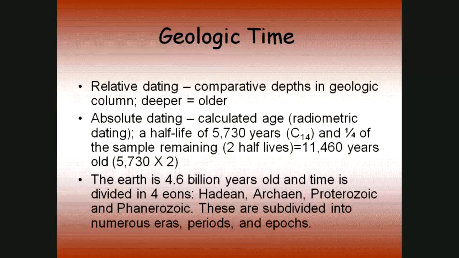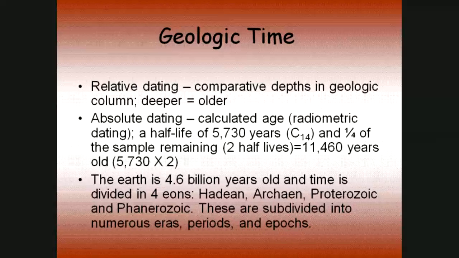You see, absolute dating gives us a calculated age of radioactive substances compared to their normal isotopes. Let me give you an example. Carbon-14 has a half-life of 5,730 years, which means that every 5,730 years, half of that carbon-14 will remain and half of it will have changed to carbon-12, a stable form.